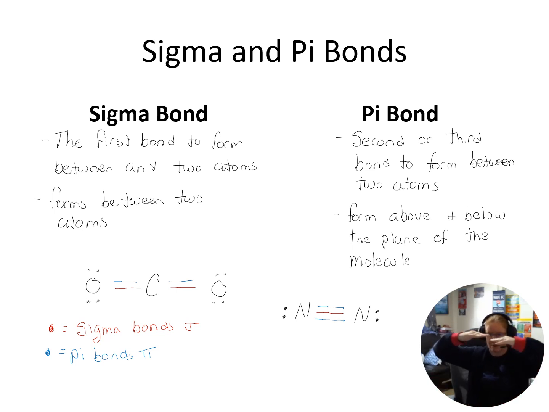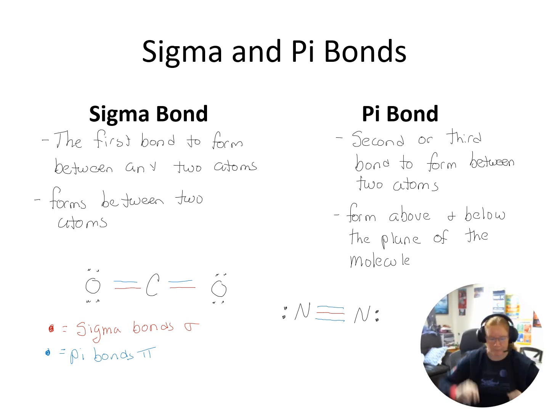So my sigma bonds are this initial end-to-end overlap, and my pi bonds form above and below the plane. Let's keep that straight, because we're going to come back to this concept of sigma and pi bonds quite a bit as we try to understand these different bonding theories and how to visualize the shapes of our molecules.